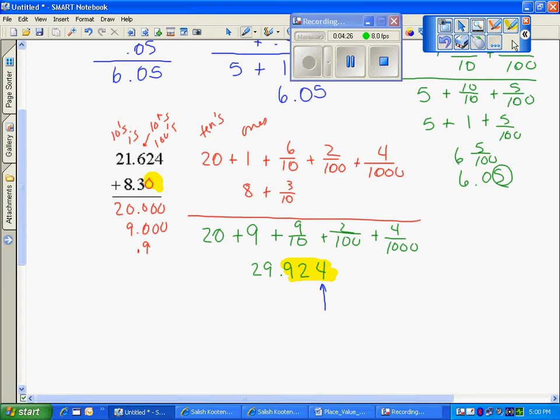I get 2 100ths, and adding my thousandths, there's a TH on the end of this, I get 4 thousandths, my tens, my ones, my tenths, my hundredths, and my thousandths. Once again, you must make sure that your decimal lines up so you're adding like places.